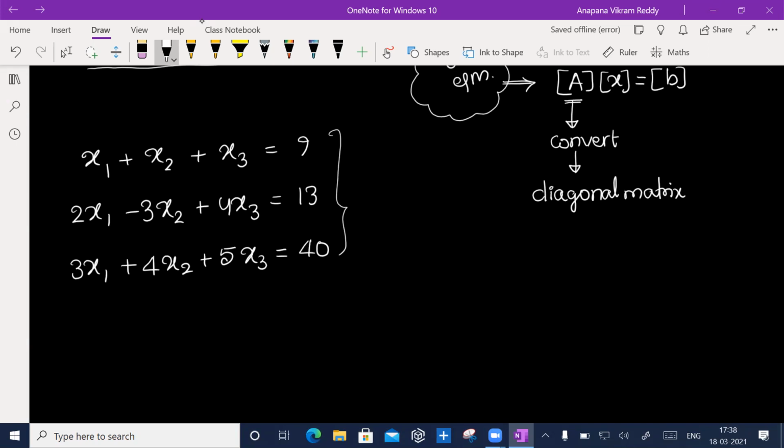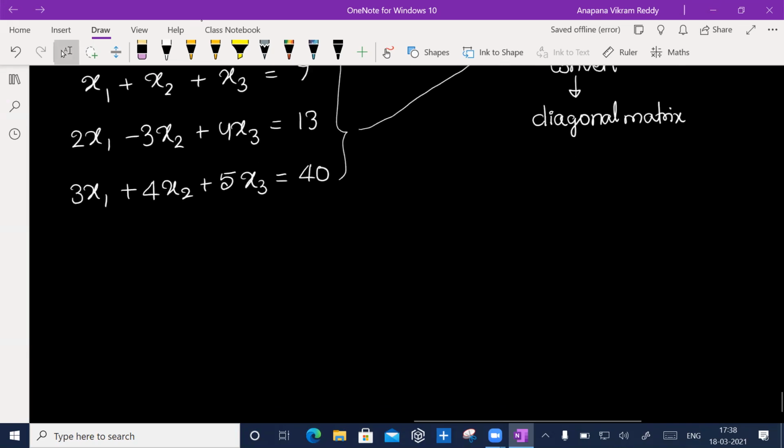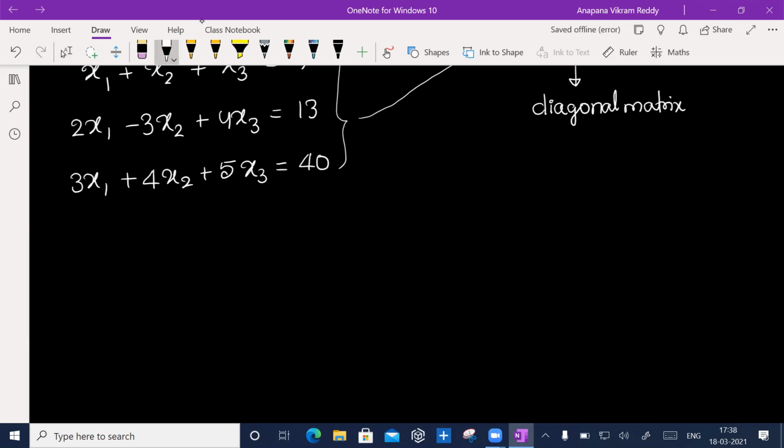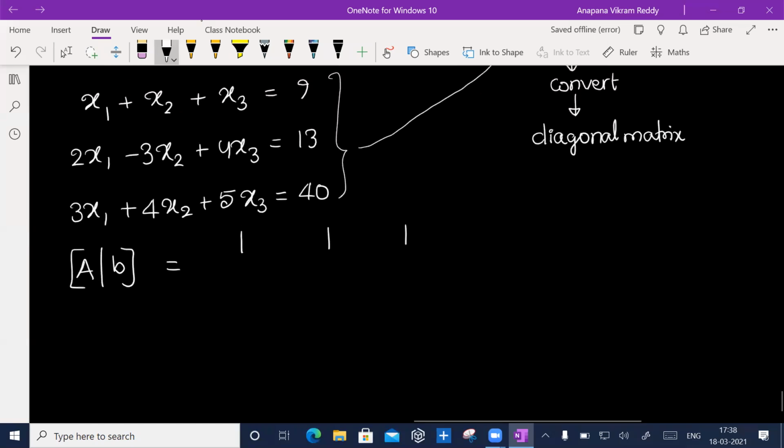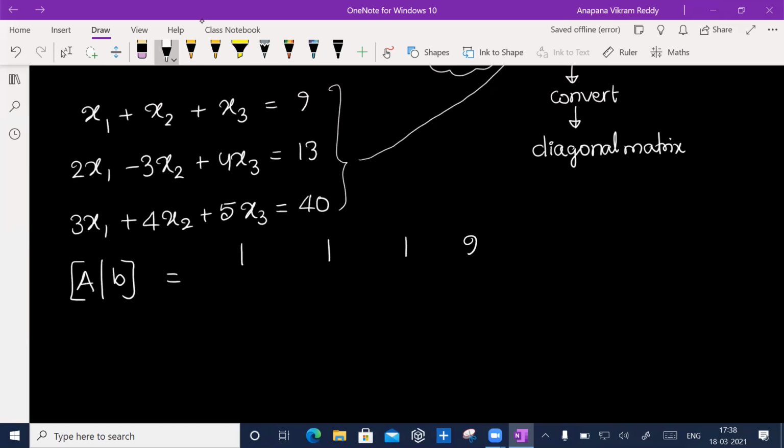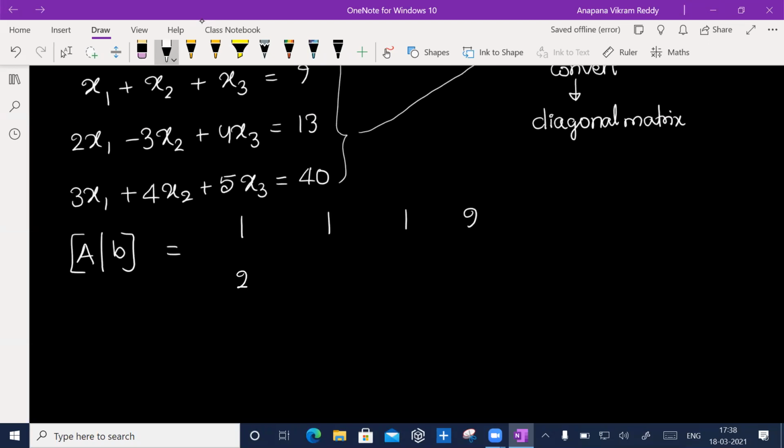Okay, you convert this to Ax equal to b form. Then I take its augmented form, that means I take [A|b]. My first row is all ones, 9. Then you have 2, -3, 4, 13.